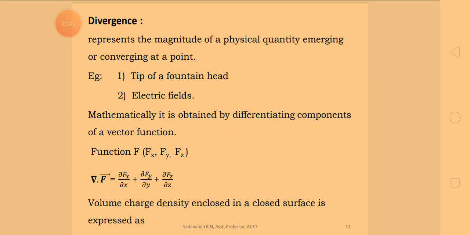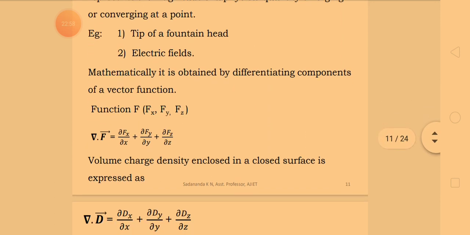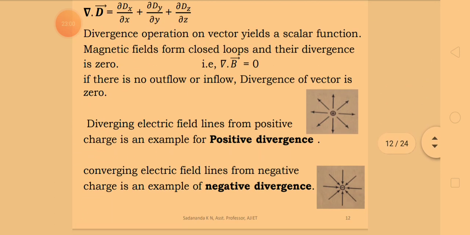Suppose the vector function is the volume charge density, represented as D, enclosed by a closed system. Then the divergence of vector D is equal to dou by dou x of Dx plus dou by dou y of Dy plus dou by dou z of Dz.